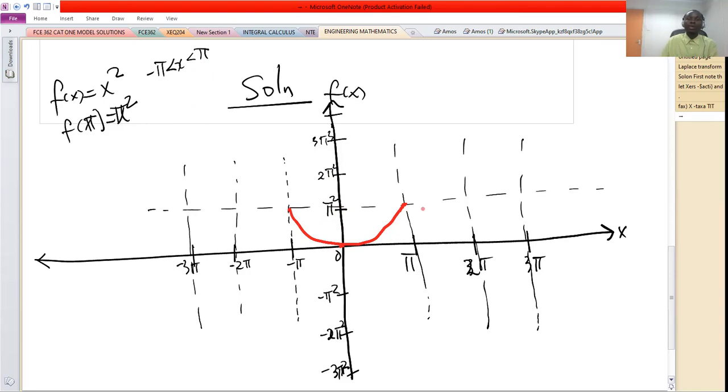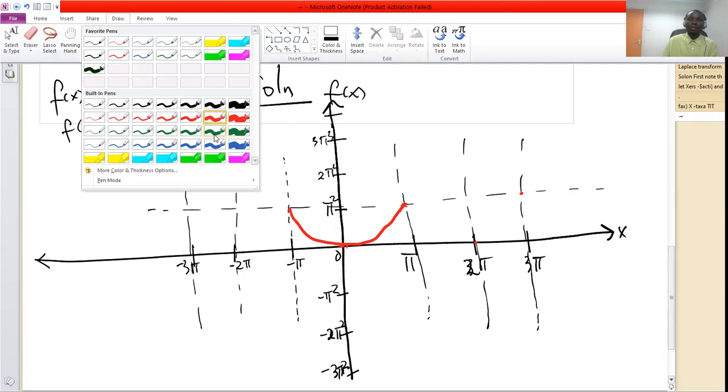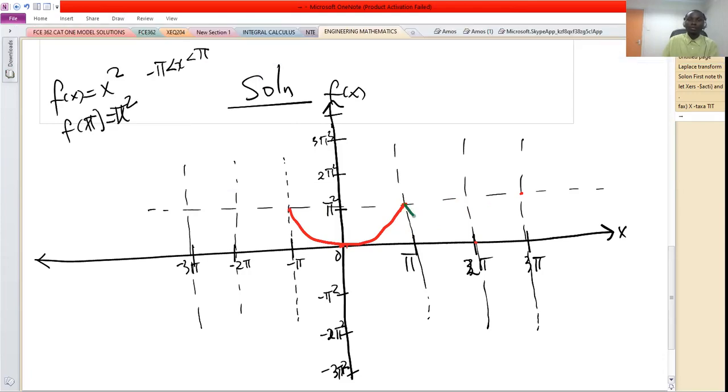Once you have done this length, use it to count 2 pi steps to know where the other end would be. So this other end will be translated here. Then this portion here will move here, and this portion here will be at this point here. So the other limb will also be in this interval.